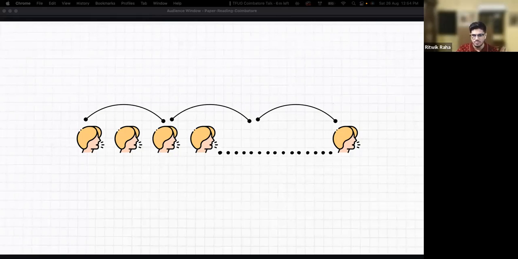And thus the learning process gets easier. Please let me know if this doesn't make sense or if you want me to repeat this part. So in simpler terms, these skip connections help keep the gradient or the information alive and prevent it from becoming too small as it travels through the layers during backpropagation.